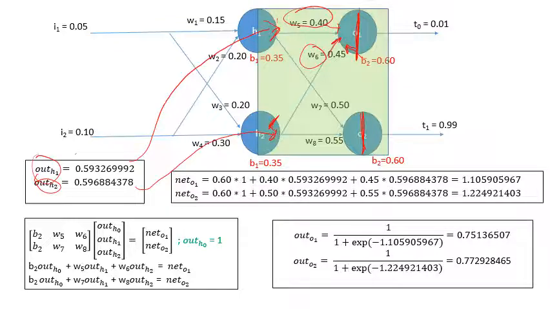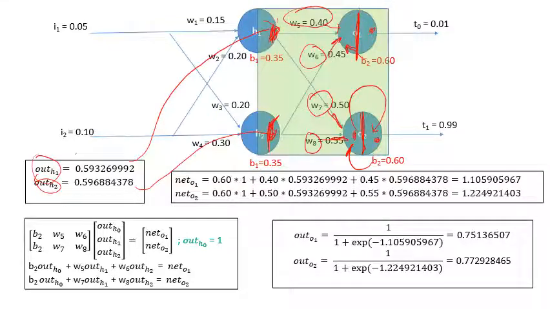You multiply out h1 with w7, out h2 with w8, add them, add the bias, and whatever number you get, you apply the sigmoid, and you finally get the output of the second node of the output layer. Similarly, you get the output of the first node.